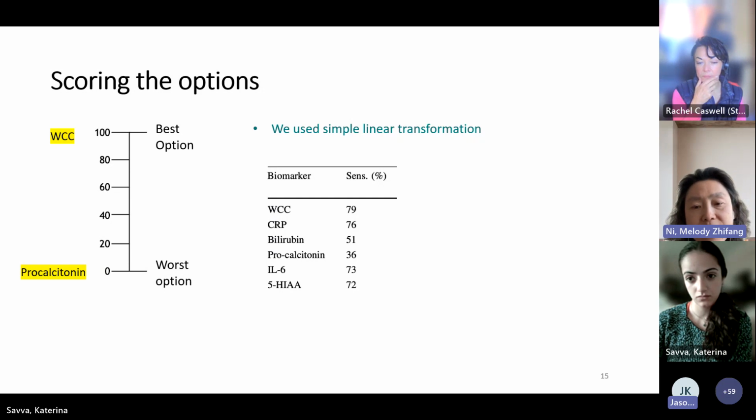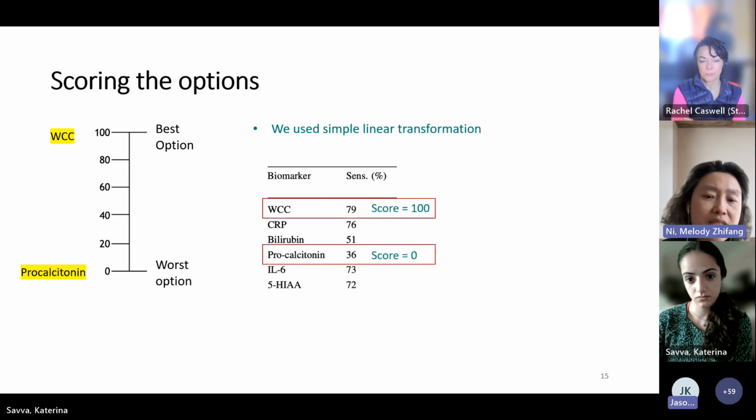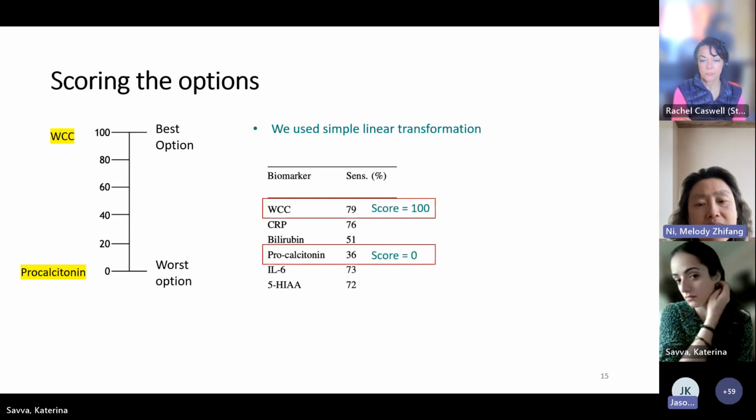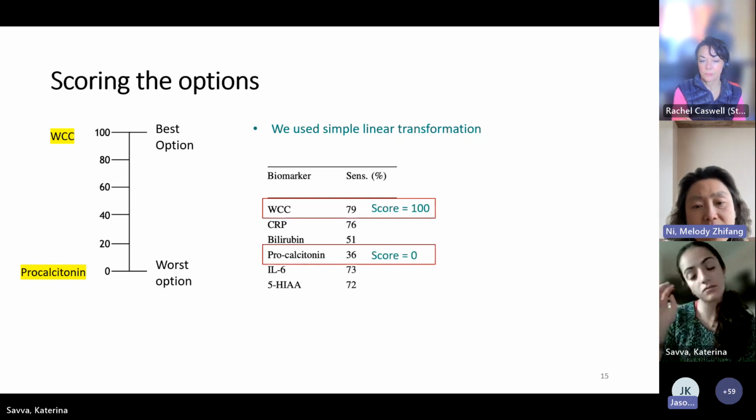So if we use sensitivity as an example, the highest one is the white blood cell count. So it is scored as, there is some animation here, Kat, if you could just, yeah. So the highest one is scored 100, the lowest one is scored 0.